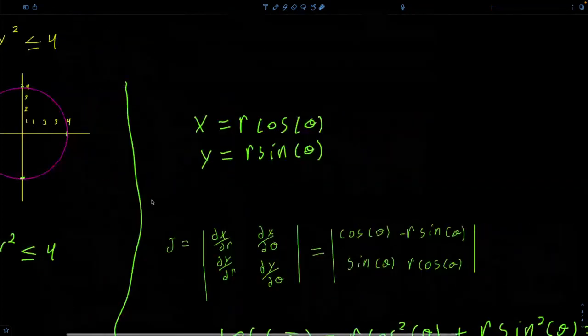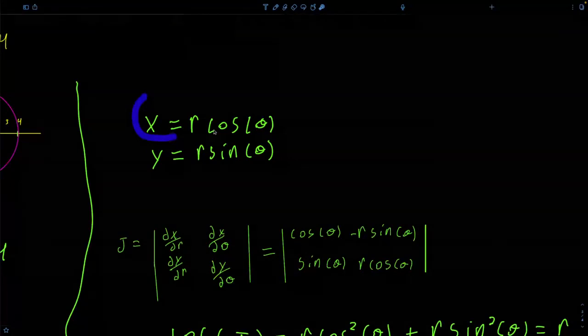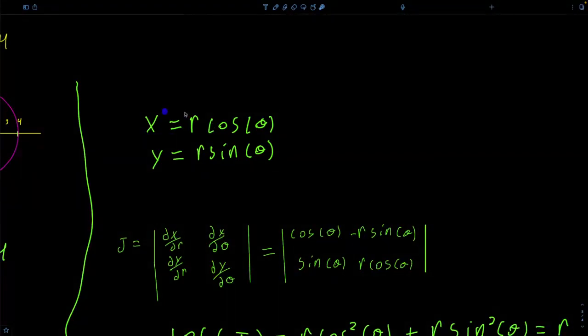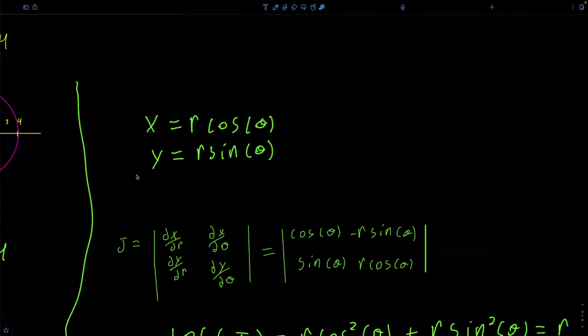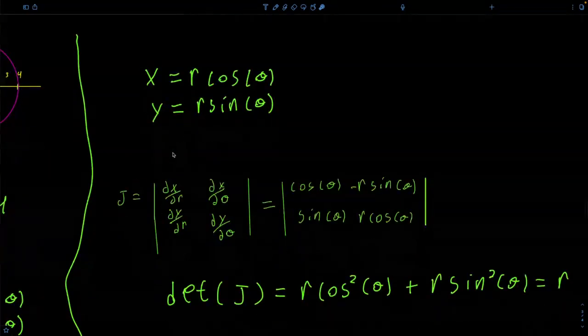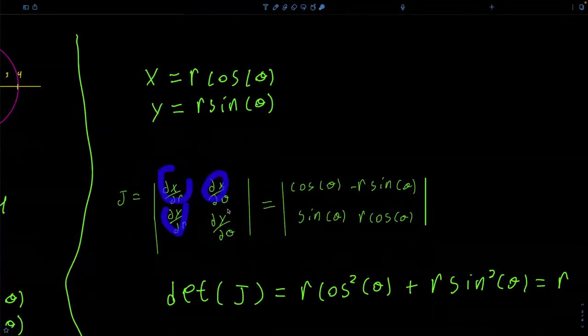Then we do x equals r cosine theta, so we have to change the variables. For x it's r cosine theta, and for y it's r sine theta. Then you put it into the Jacobian matrix and take the derivative of each, with respect to r and with respect to theta.